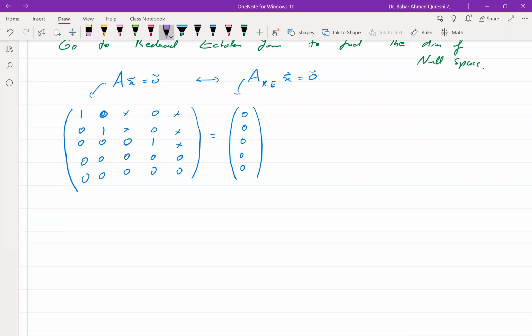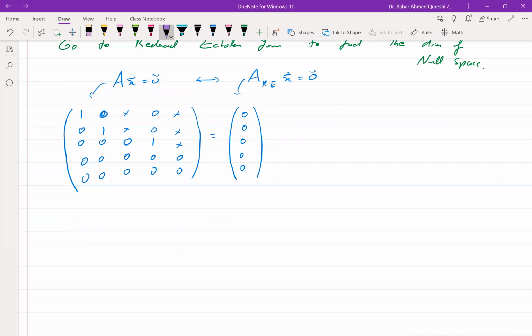Wherever you don't see a lead in the column, that's a free variable. So x3 is free, I can put alpha. Similarly, x5 is free, so I can put a beta. And the rest in the row echelon form are easy to read.